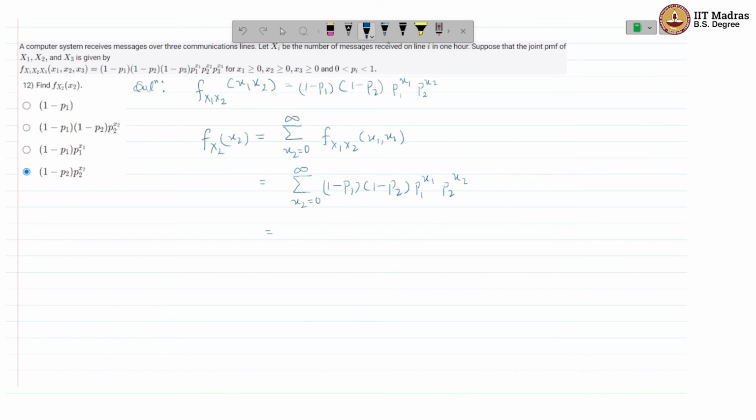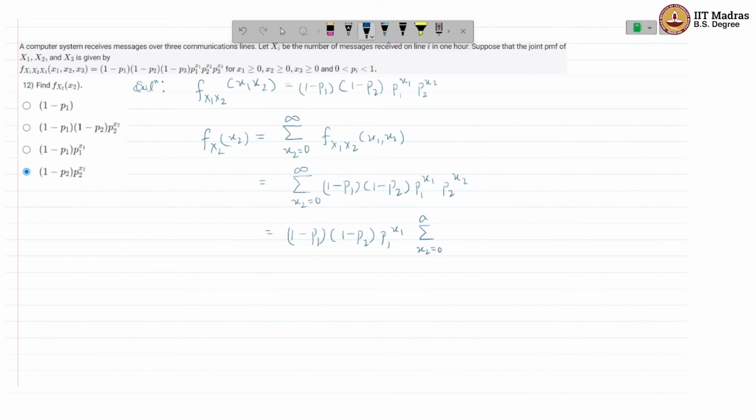Now for the simplification, we will take out constant terms. So it will be (1 minus p1)(1 minus p2) p2 raised to the power x2, summation x1 from 0 to infinity, p1 raised to the power x1.